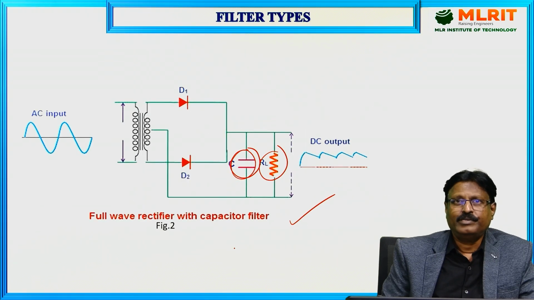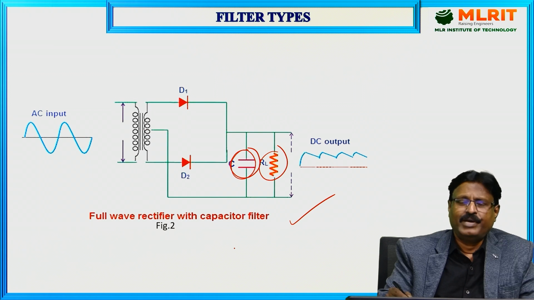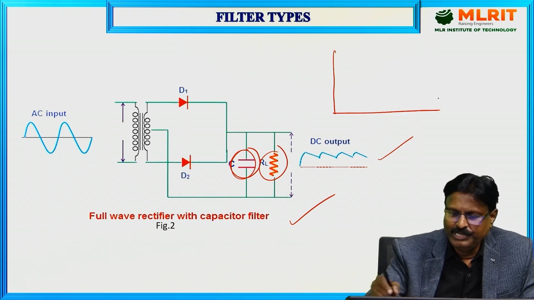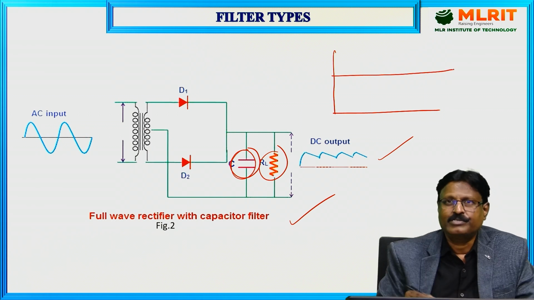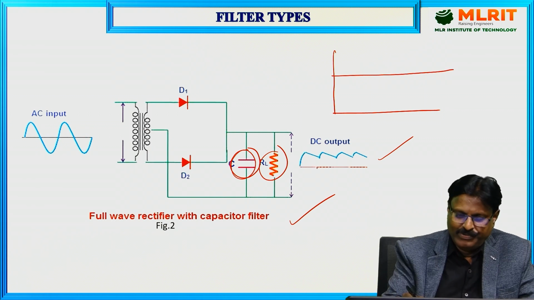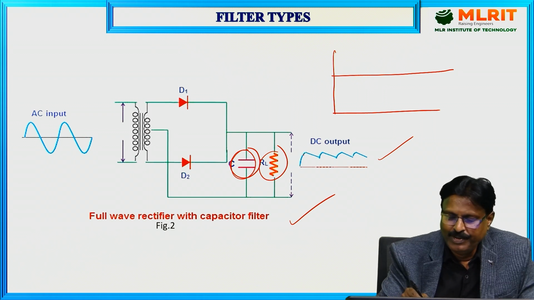It is arranged in the form of the Greek letter pi. If you observe the output waveforms for the capacitive filter, the pure DC signal will look like this. But when you place a capacitive filter across the load resistance RL, the output will look like this.